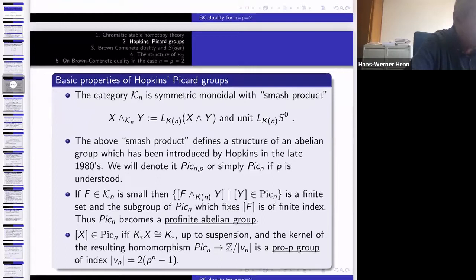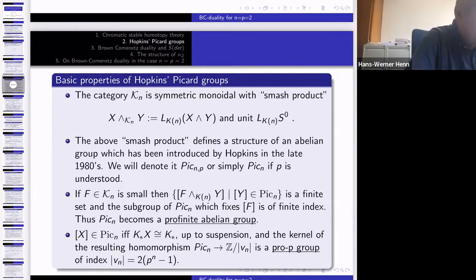Well, this group is a profinite abelian group, and in fact, there's a natural filtration on it, or natural topology on it, which is given by certain finite index subgroups.